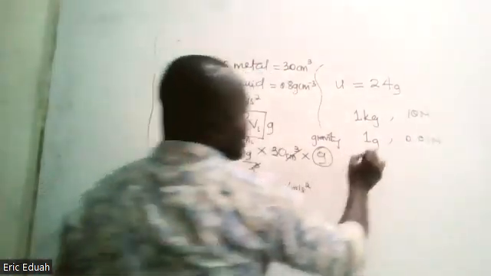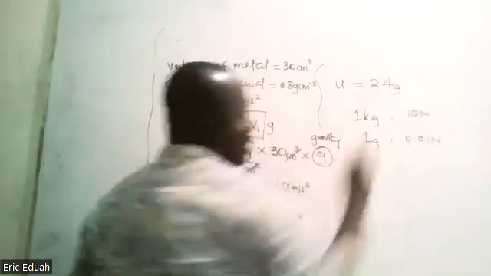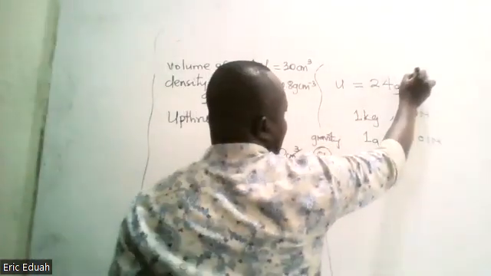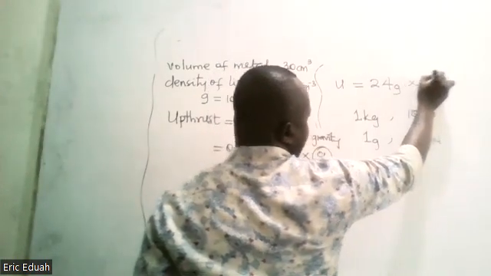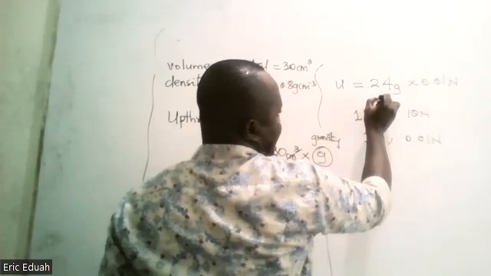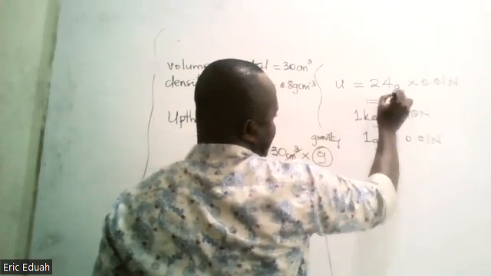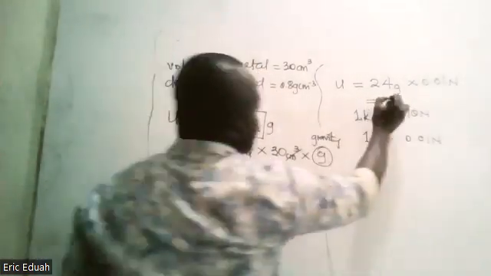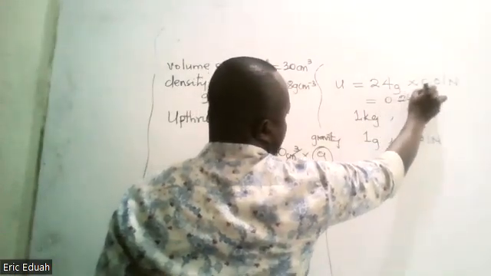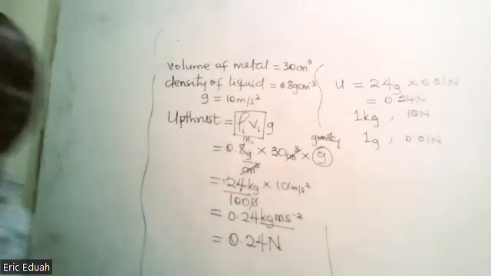So if I have 24 grams and I want to convert it to weight, then it's equal to 24 times 0.01 Newton. And the value will be the same as this one, 0.24 Newton. That's the problem of the day.